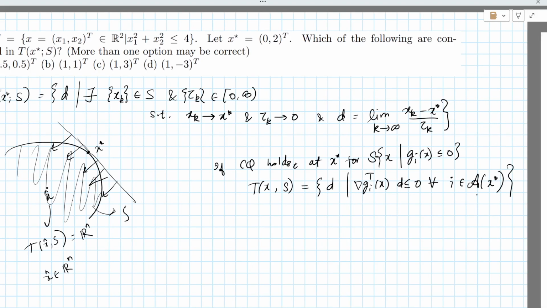Okay, so this is the active set. The active set we had seen in the last lecture: all the constraints at which this g_i(x) is active.